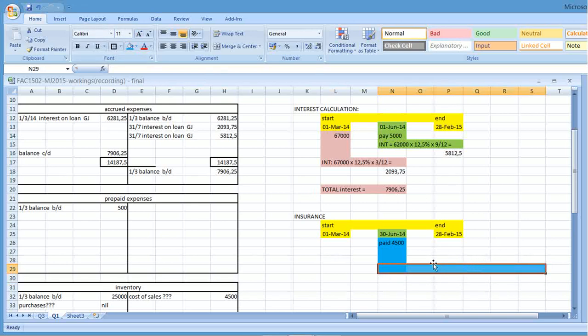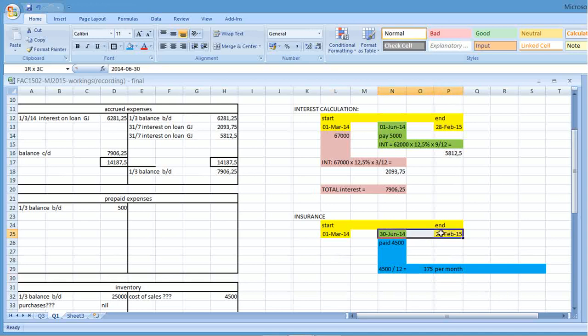So that means you've got 4,500 divided by 12 equals 375 per month. That's the amount that you're paying.